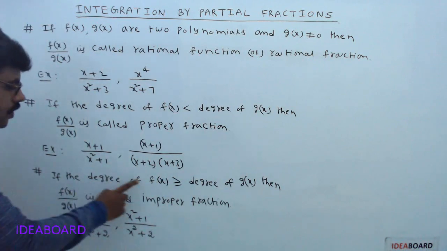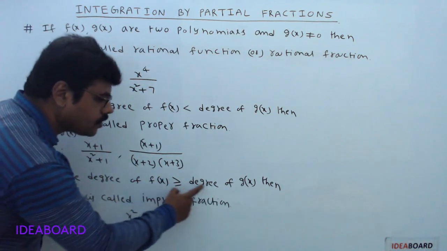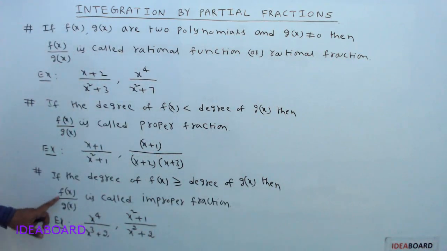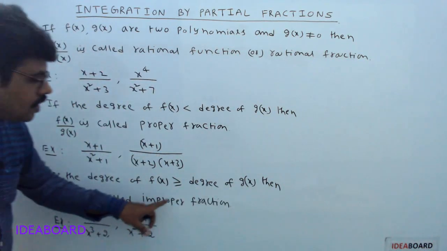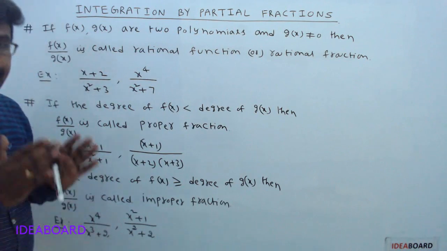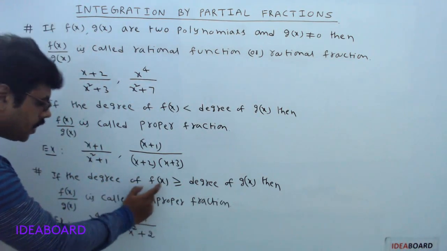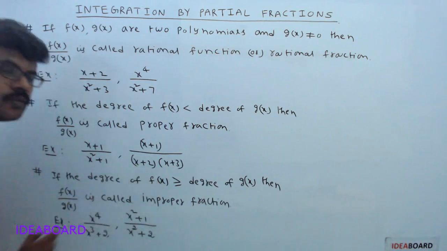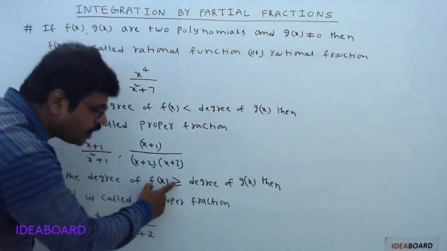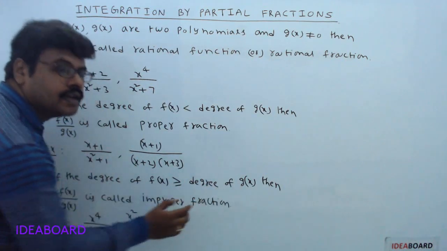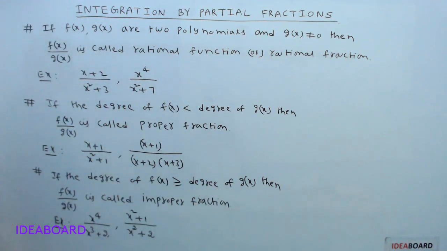In general, if the degree of numerator is greater than or equal to the degree of denominator, such type of fractions are called improper fractions.